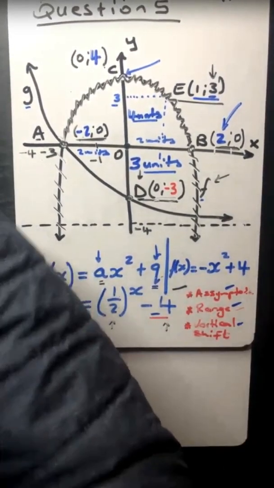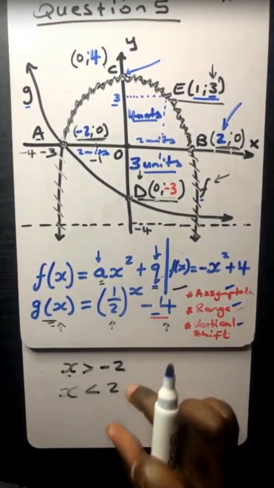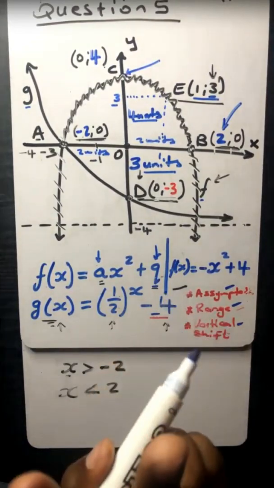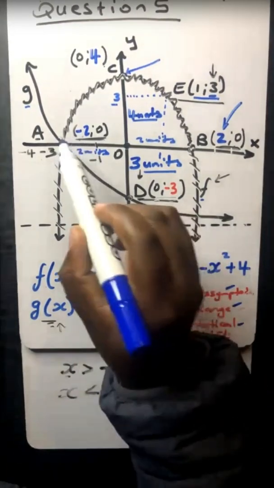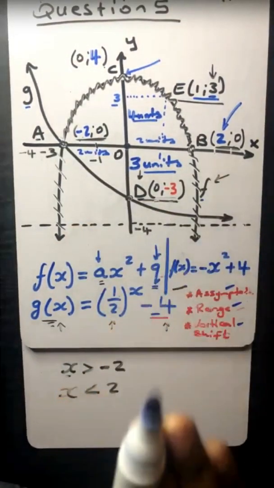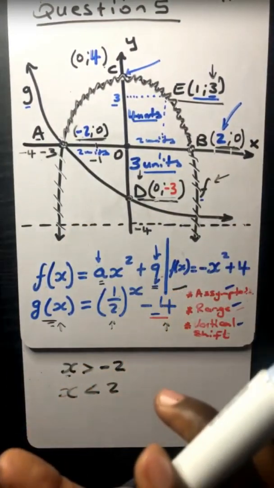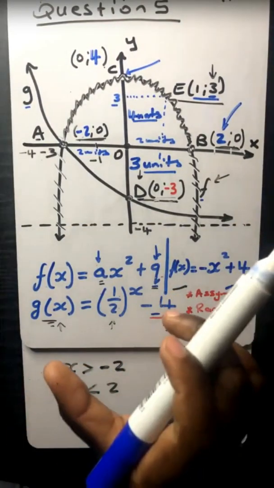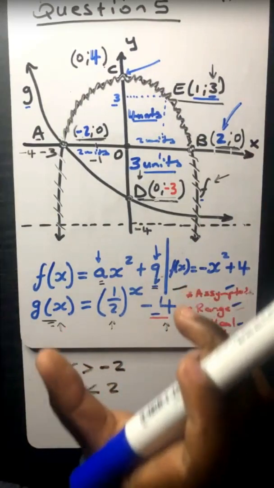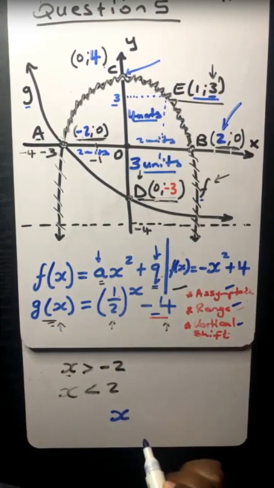So if it does, can you see that we are basically saying that's where the x values are between 2 points? Where are those 2 points? It's between this point and that point. And always, when you write mathematically to say something is between 2 points, you put x in between.